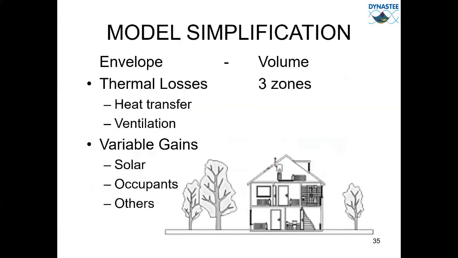Through the envelope, the walls and windows, there is heat transfer. There are also ventilation losses because you need to have fresh air. The space is affected by gains, often variable, by solar radiation through the windows, but also by appliances or the behavior of occupants.